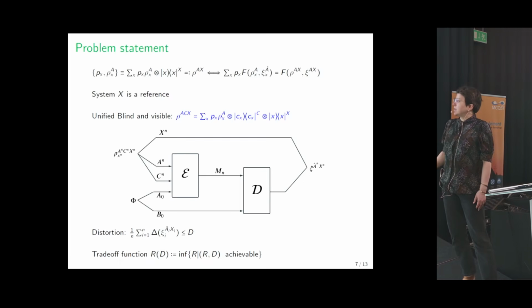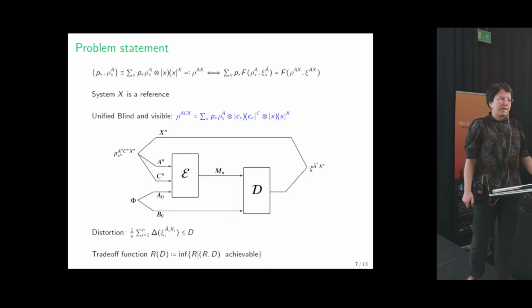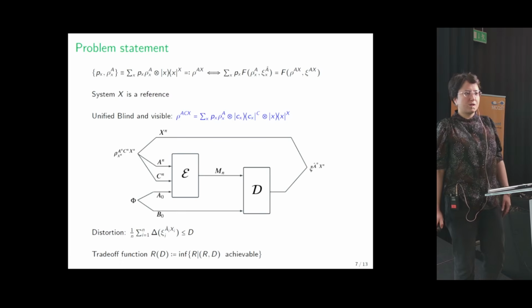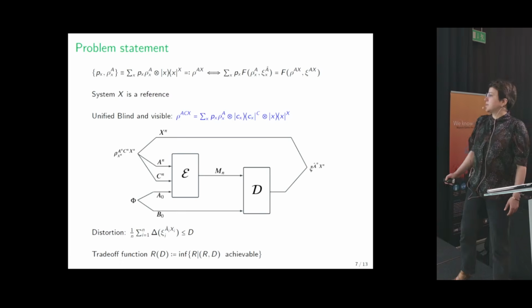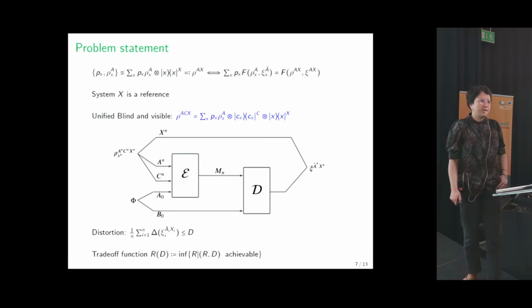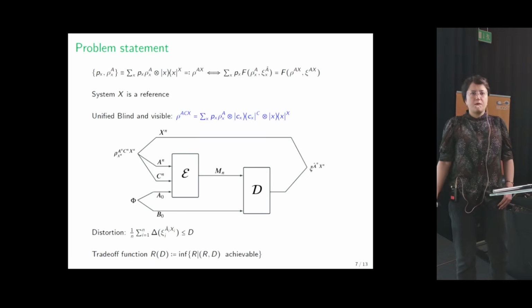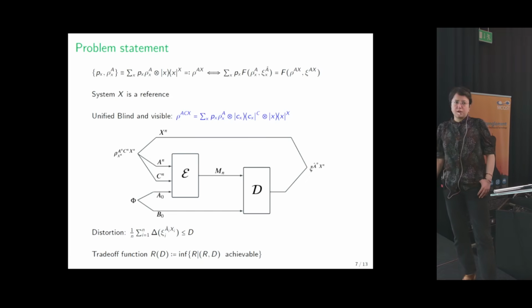Also, we assume that the encoder and decoder could have shared entanglement between them. If they have access to this extra resource, of course, they are going to perform better. They're going to be able to compress more. As for the distortion measure, for example, Schumacher defined fidelity or trace distance, but we consider that the distortion function is any function.